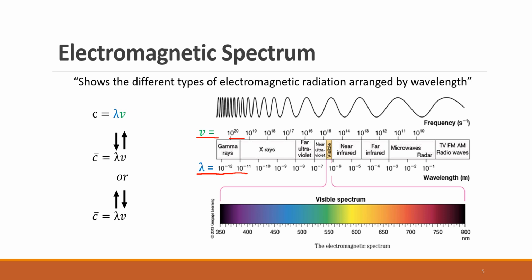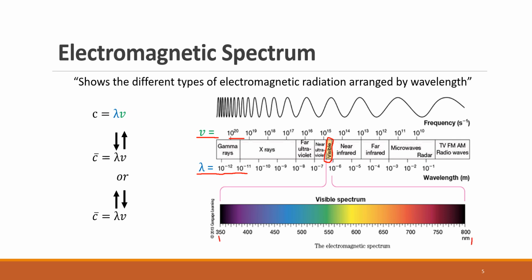I also want to point out the small section, the visible section, of the spectrum right in the middle. You can see this visible portion, very, very tiny in the middle. I'm circling it here in red. This is the part where we can see colors, differentiate colors with our eyes. When they highlight this and expand the visible spectrum, you'll see it ranges from 350 up to 800.